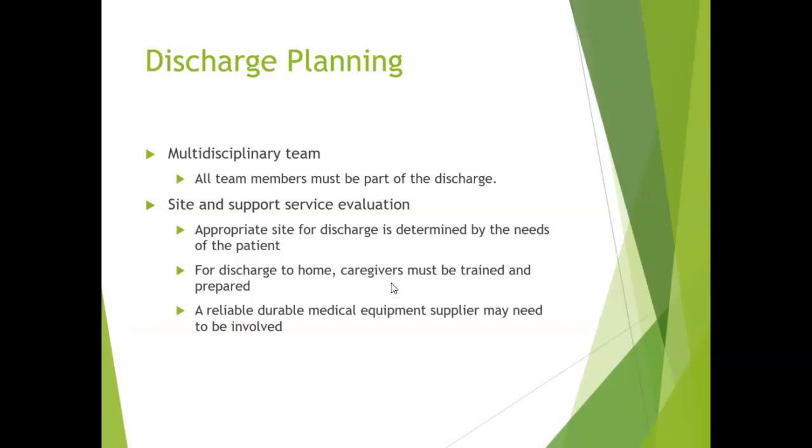That can look like a lot of different things depending on the type of patient. But if a patient's going home with a trach and they have never been home with a trach yet, you need to make sure that every single family member or any caregiver, anybody living in that house, understands what it looks like if the trach becomes dislodged or obstructed, so that they can identify these airway emergencies and know what the proper steps are next.